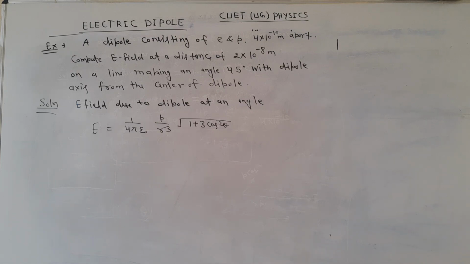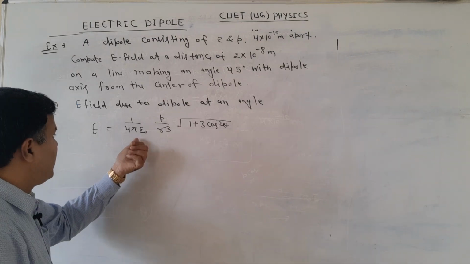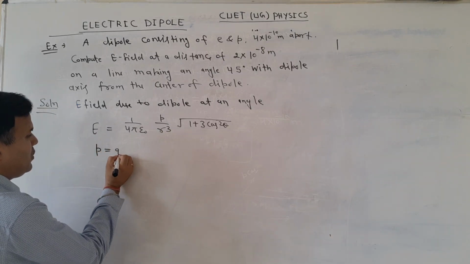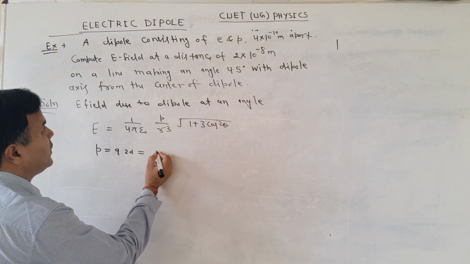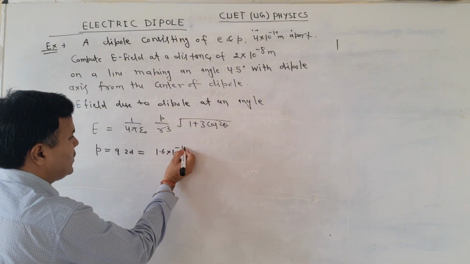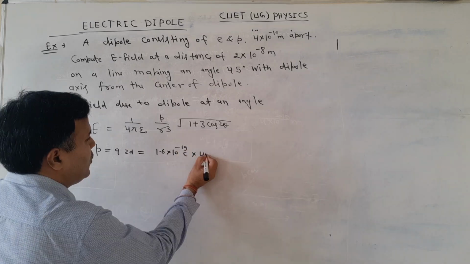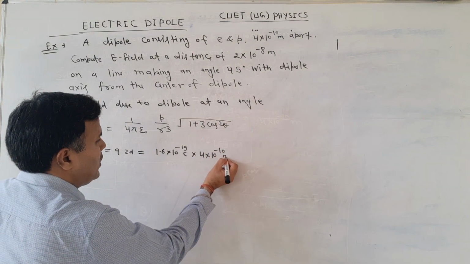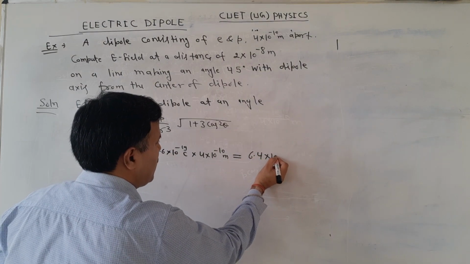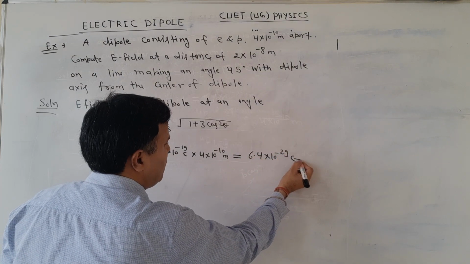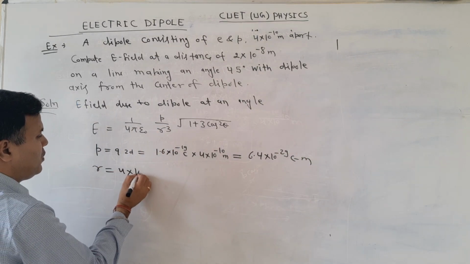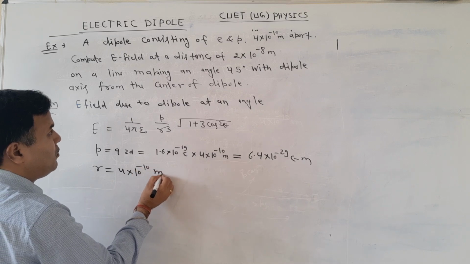So we know what P is. Its value is Q into 2d, which we have already solved. Q is 1.6 into 10 to the power minus 19 coulomb, and d is 4 into 10 to the power minus 10 meter, so P is 6.4 into 10 to the power minus 29 coulomb meter. And what is R? R is 2 into 10 to the power minus 8 meter.